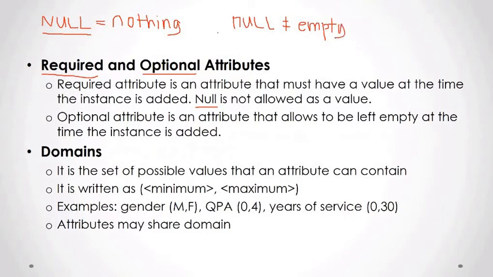Okay, for example, you have this attribute address, and the value of this attribute is, let us say, Dumaguete City.